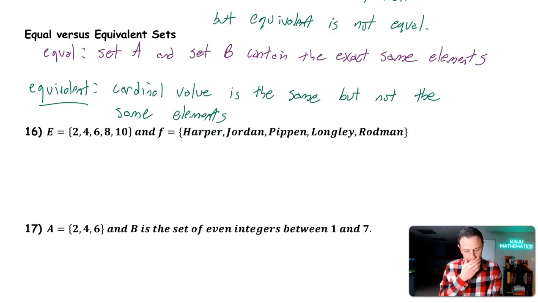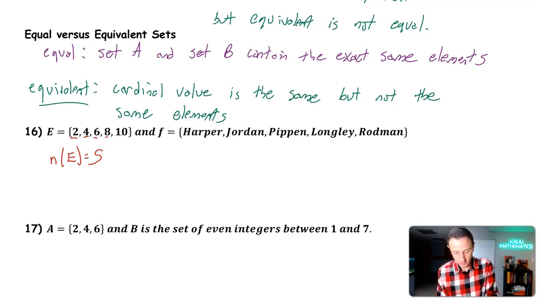Number 16, we have the set 2, 4, 6, 8, 10. So the cardinal value of this set E is 1, 2, 3, 4, 5. So 5 elements in that set. And then we have the starting lineup of the Chicago Bulls: Harper, Jordan, Pippen, Longley, and Rodman.